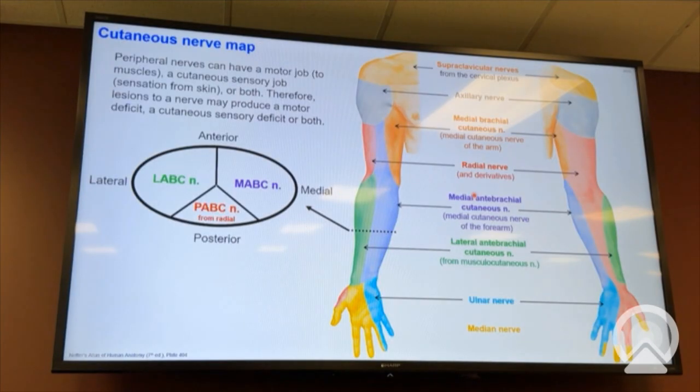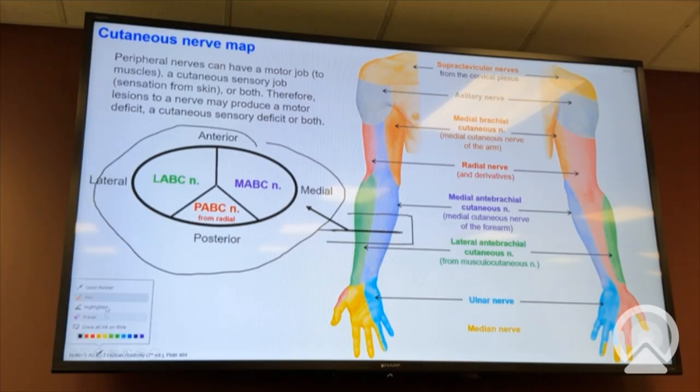Okay, just another summary. One way to think about it: the forearm needs more love, I think. If you were to take a section through the forearm like this, just like that, this is essentially drawn as a little PowerPoint shape. So there are 3 cutaneous nerves for the forearm. If this is anterior and this is posterior, you have a lateral antebrachial cutaneous nerve and a medial antebrachial cutaneous nerve.